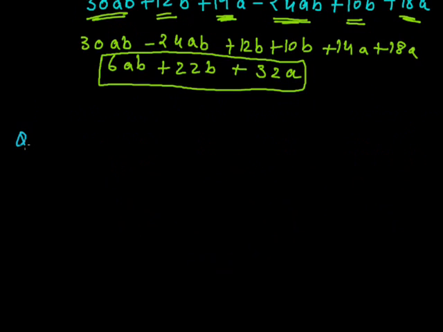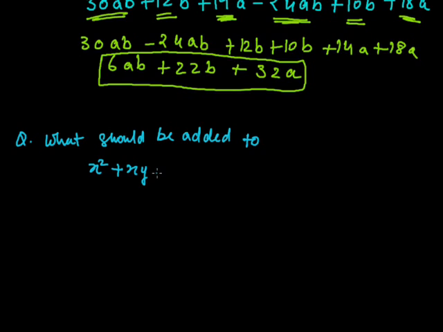One more question. What should be added to x square plus xy plus y square to obtain 2x square plus 3xy?